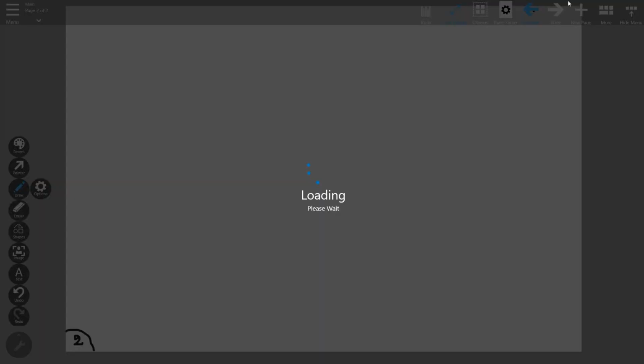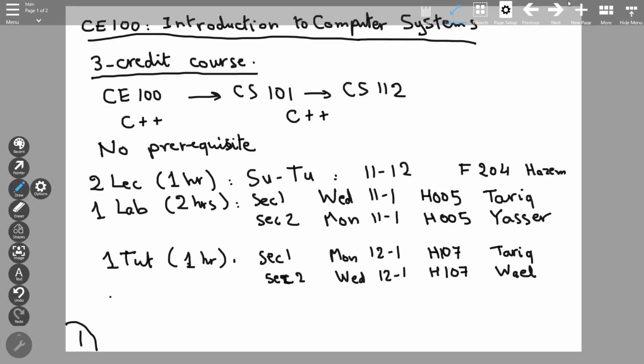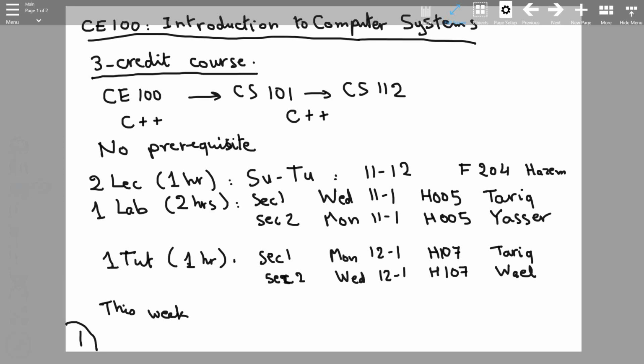What are we going to have? Okay, so I said this week no lab, no tutorial. This week is add and drop. This is only the morning. Of course, there are other labs in the evening, but please, morning lecture, attend the morning labs. Evening lecture, attend the evening lab.